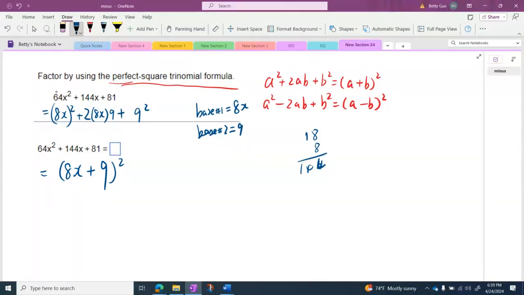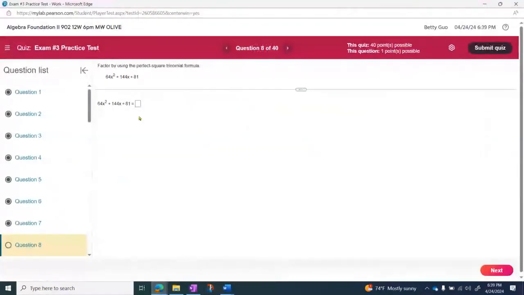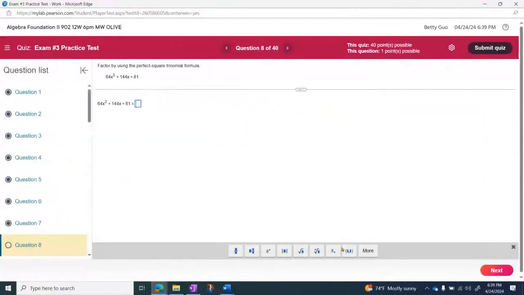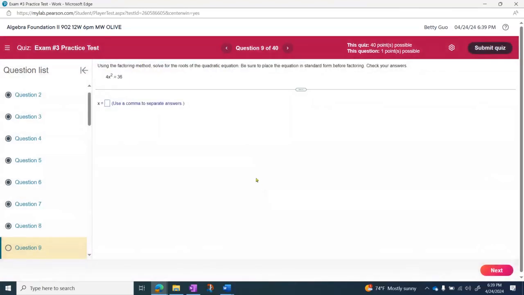So it's 8x plus 9 to the power of 2. Very good. Next.